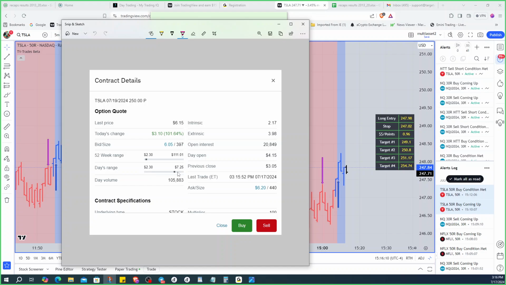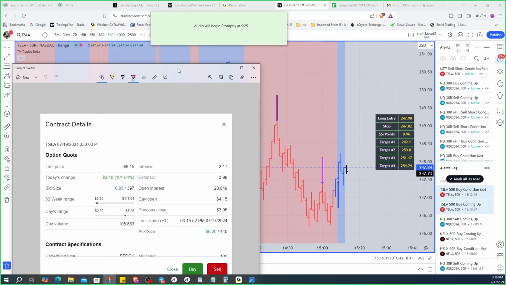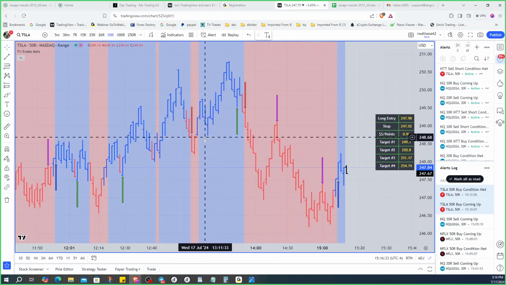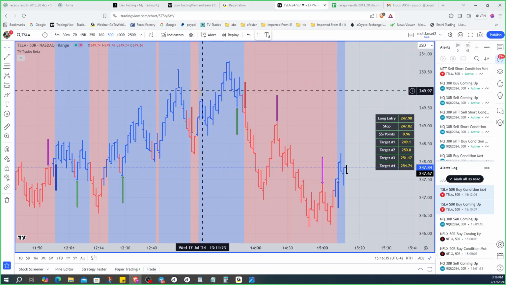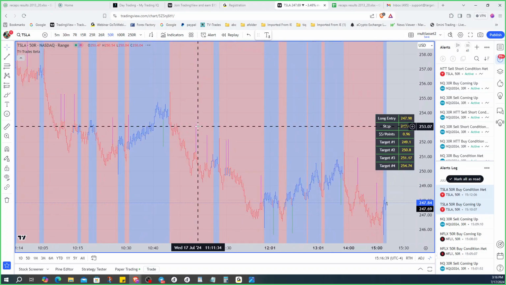The day's range is from $2.30 up to $7.25. Currently it's at $6.15. So it's gone down. As it pulled back up right here, the price dropped some. Now I don't have a chart where I can show you how much it dropped, but you can tell from the day's range, it was at 230, and at the high of the day, back up here... that wasn't the high of the day, but it's the middle of the day.